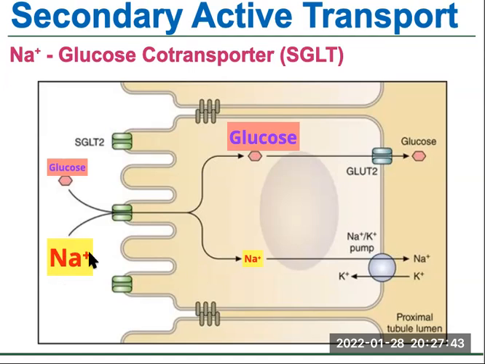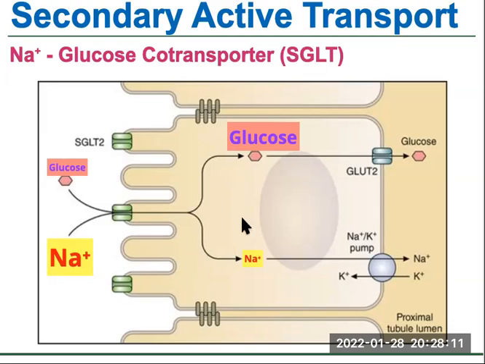This concentration gradient is a source of potential energy that drives sodium down its concentration gradient into the cell. And this kinetic energy of sodium going down its concentration gradient allows glucose to be carried with it through this co-transporter, the sodium glucose co-transporter.